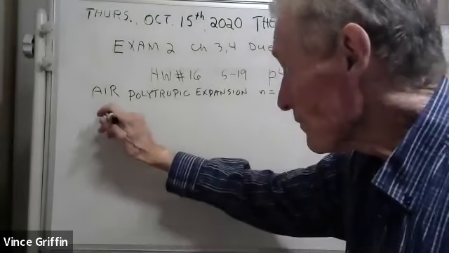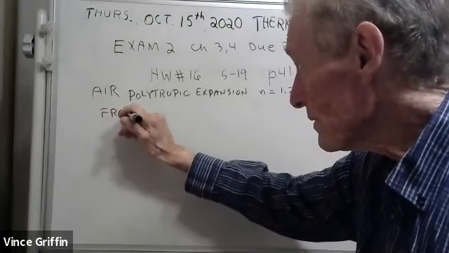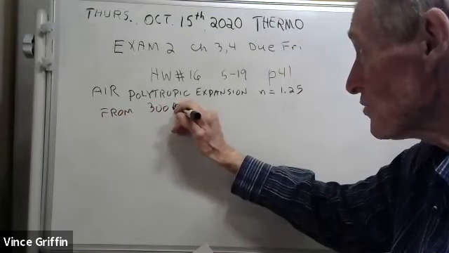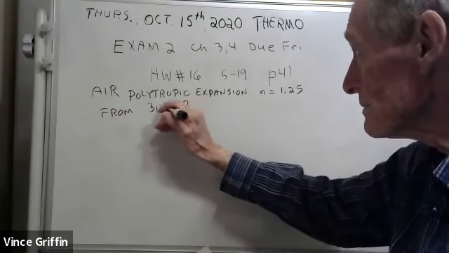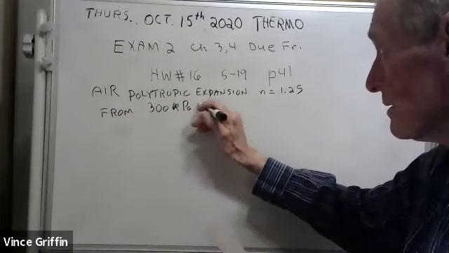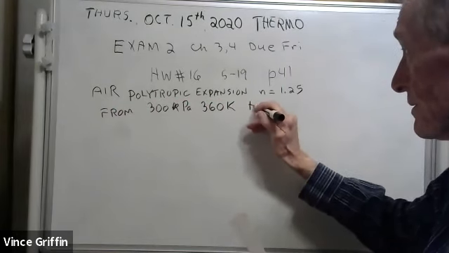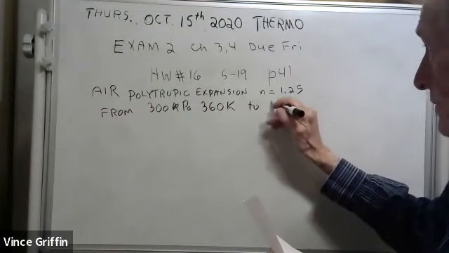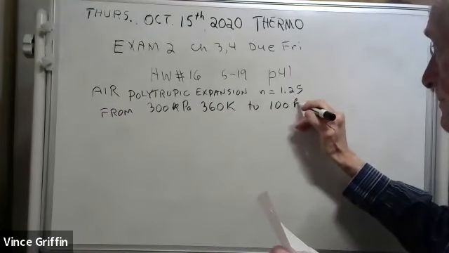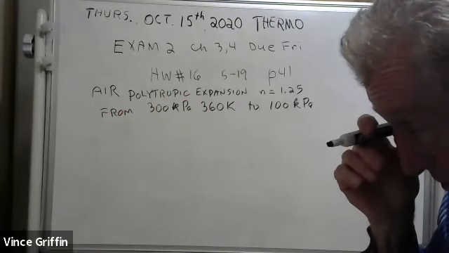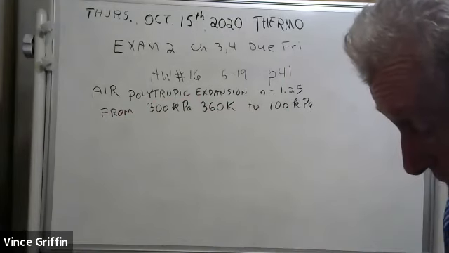And we're going to go from 300 kilopascal, 360 Kelvin, to 100 kilopascals. So that's our problem, but what are we supposed to find?